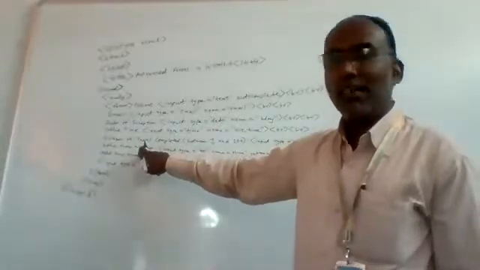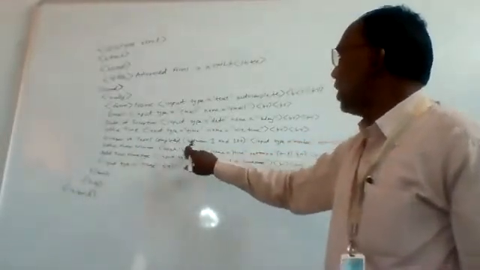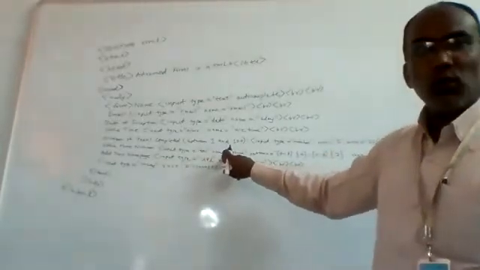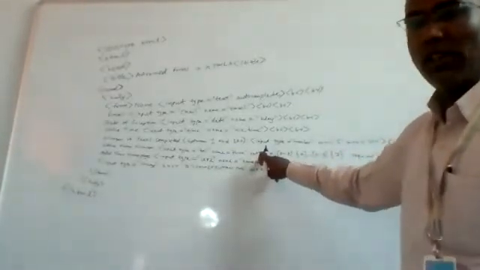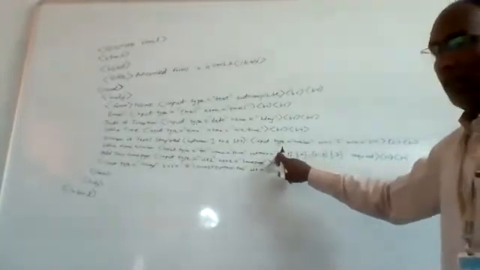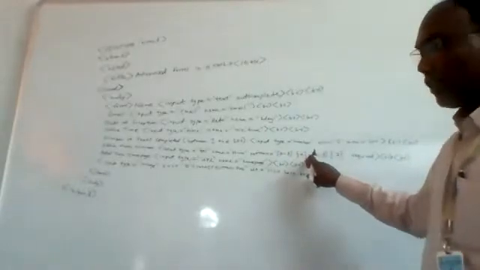Office phone number. Input type is equal to tel. Name is equal to phone. Pattern. Now here we are using pattern is equal to, within double quotation marks, 0 to 9, 4, then again 0 to 9, pattern 7, required, br tag.